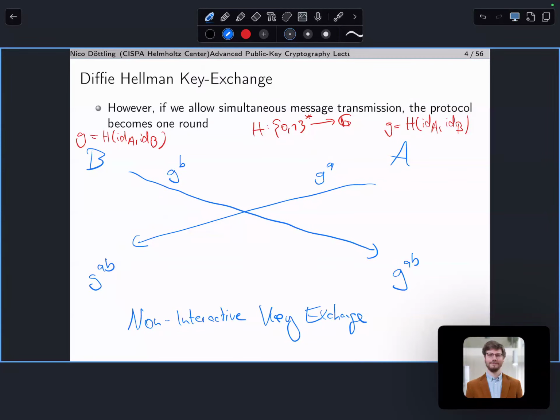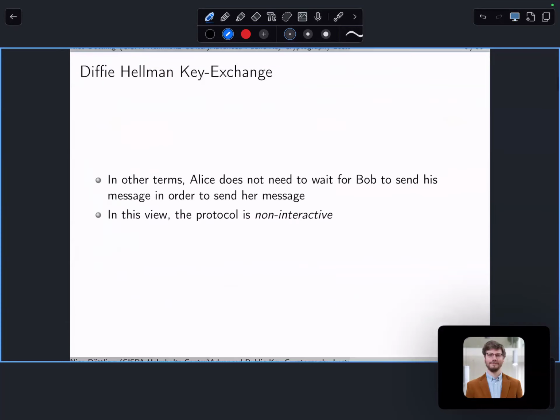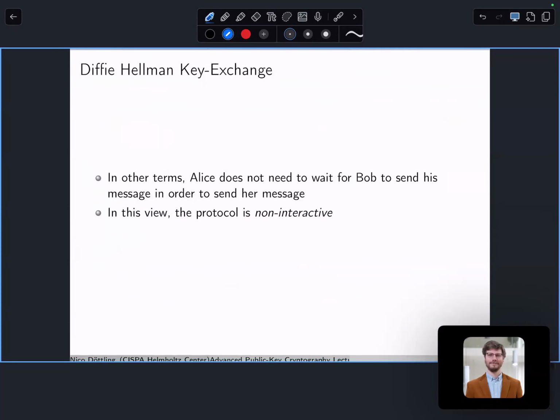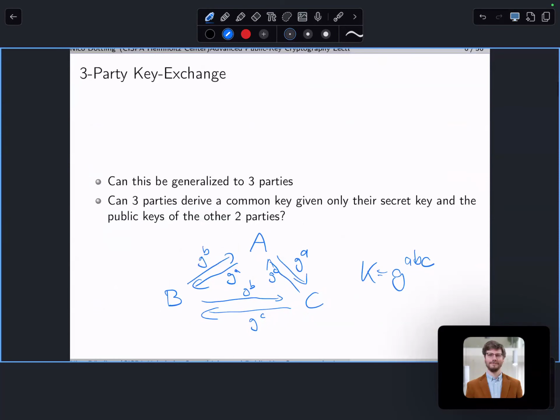Typically, we would model that with a random oracle, but in the real world, we would just use SHA-2 or something similar. Good. So the upshot is Alice does not need to wait for Bob to send his message in order to send hers. Then we went to this question of three-party key exchange.